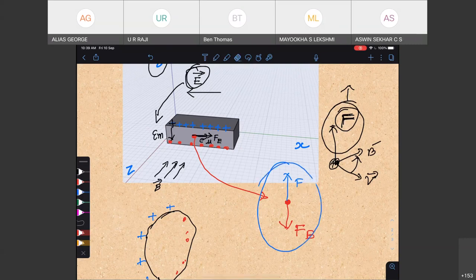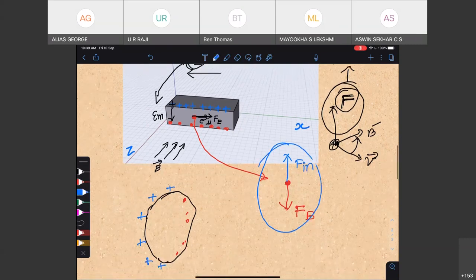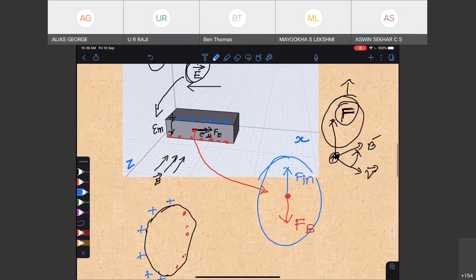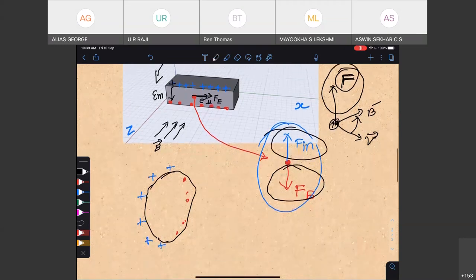So electrons won't come outside from this conductor. So an induced electric field will appear so that this force can be balanced by this induced force. I hope that is clear at this point.